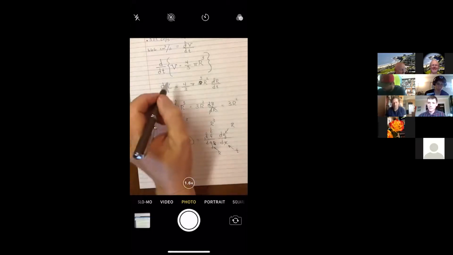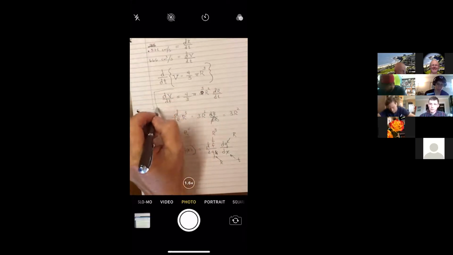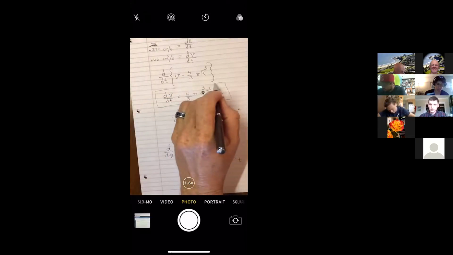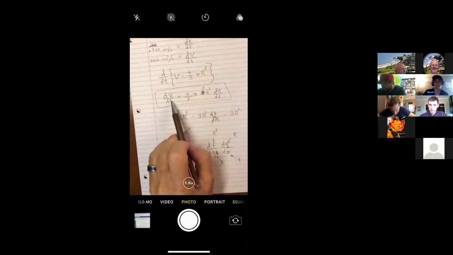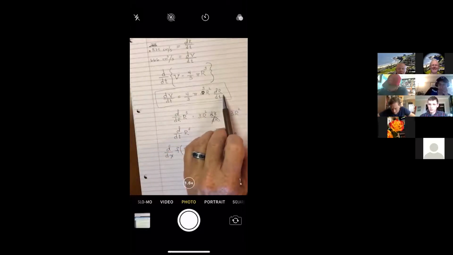All right, so let me come back up to this, and I can even keep going, but I think you'll now see that you were given this number. This is the dV dt. So that's the 666. And you were also given the rate at which the radius is changing.